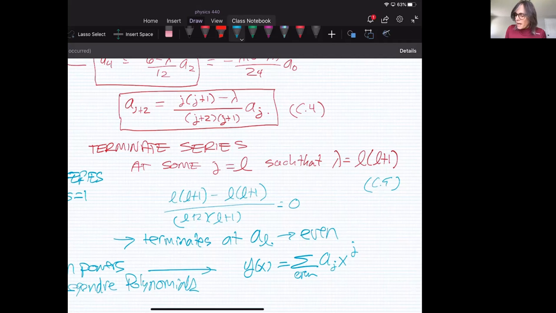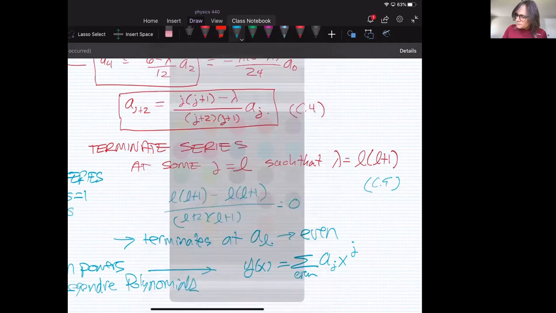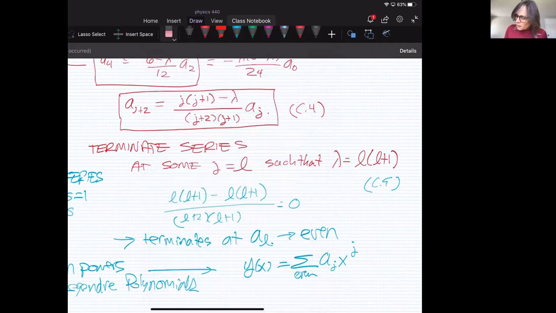And when you terminate that, your terminal power of x is going to be L plus 1, with L some even number. In other words, it'll be odd powers of x.